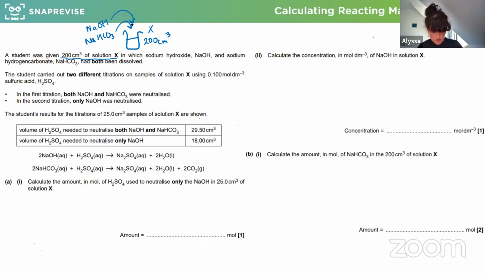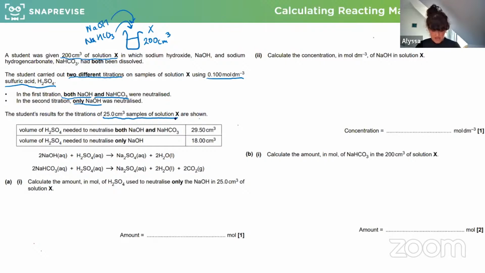The student carries out 2 different titrations on samples of solution X using 1 mole per decimeter cubed sulfuric acid. In the first titration, both sodium hydroxide and sodium hydrogen carbonate were neutralized. In the second titration, only sodium hydroxide was neutralized. The student's results for the titrations of 25 centimeter cubed samples of solution X are shown below.